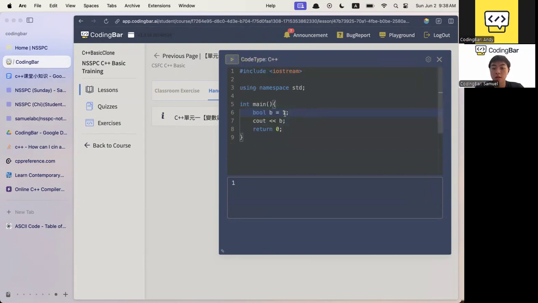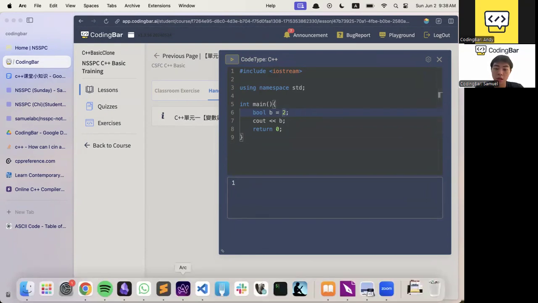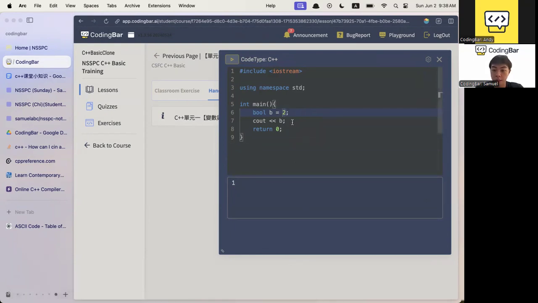It will be 1, right? But how about you assign B equal 2? It will still be 1, because 2 is true. Any number greater than 0 is considered true, for example 100, 1000. But if you make it 0, this is considered false.